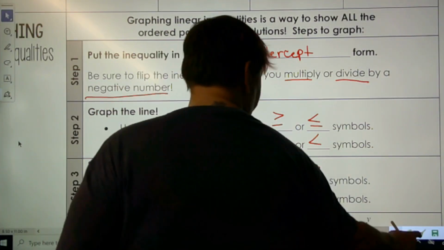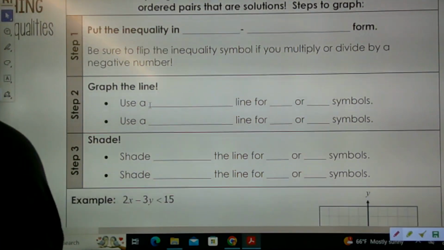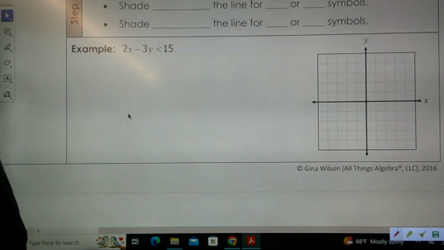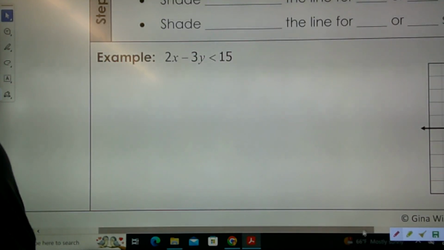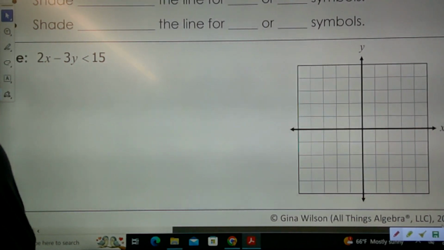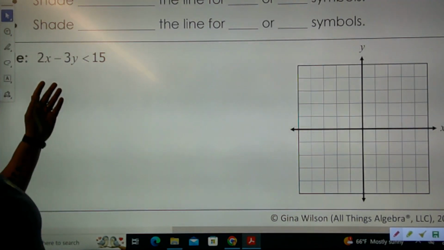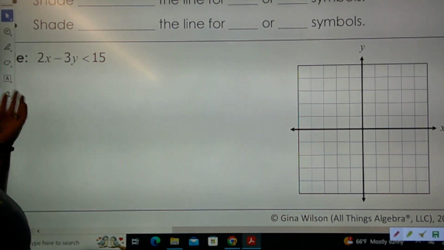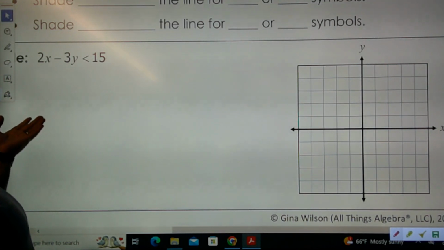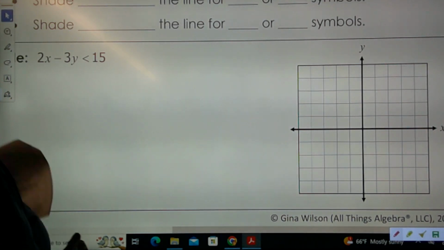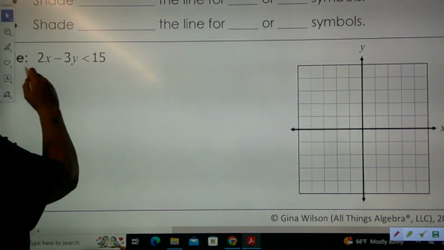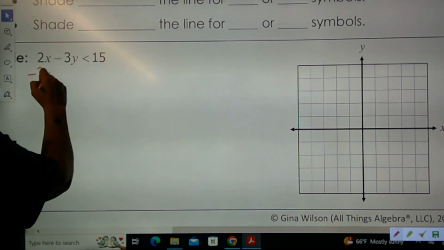All right. For example, I love examples. All right, so first thing you have to do is look at it. Is it in slope-intercept form? No. Put it in slope-intercept form, right? So we need to isolate the y, so we're going to subtract 2x.